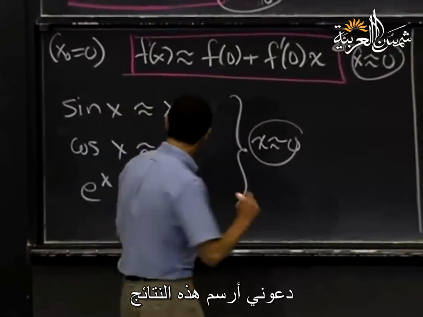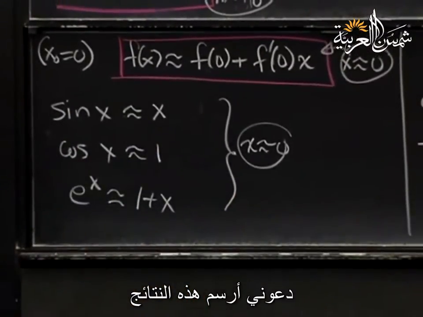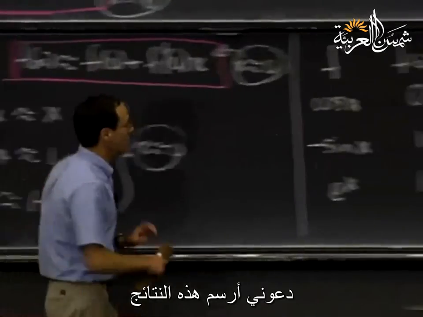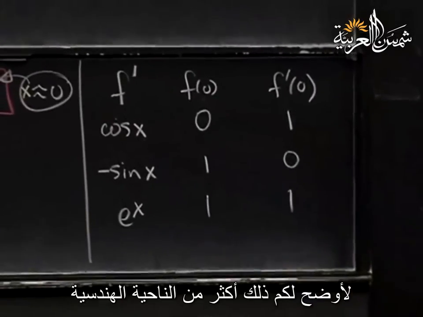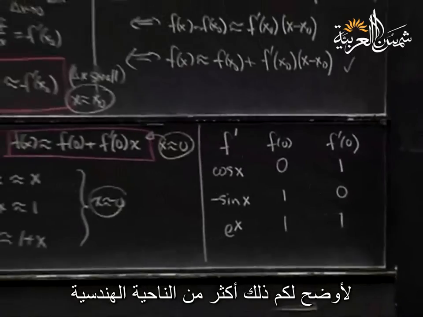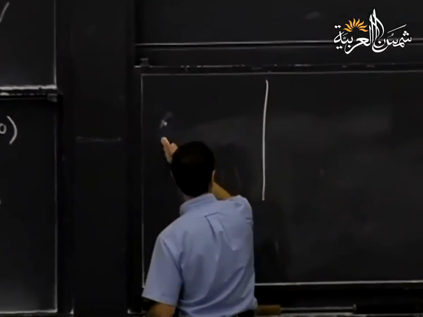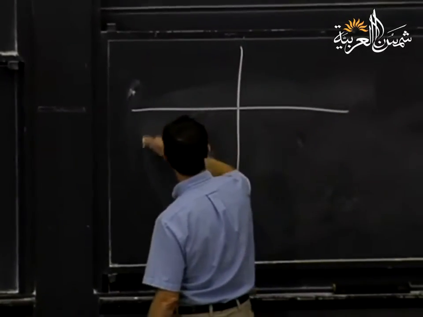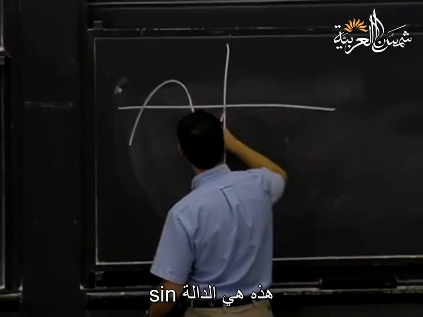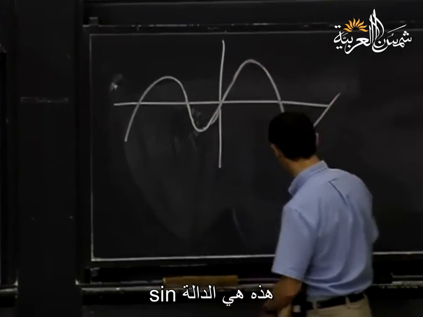So let me just emphasize again the geometric point of view by drawing pictures of these results. So first of all, for the sine function, here's the sine. Well, close enough.